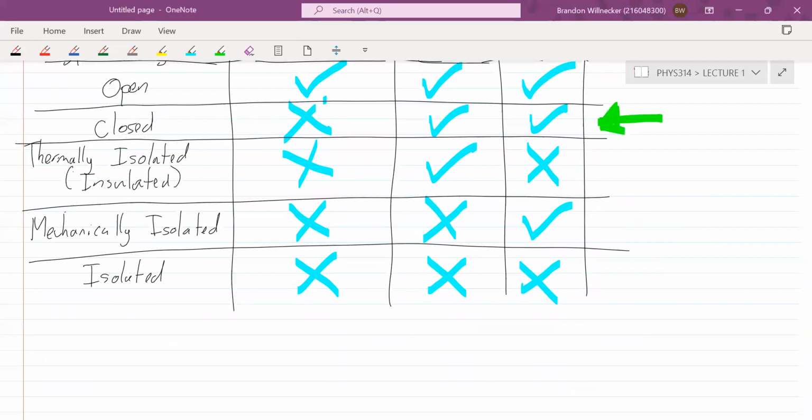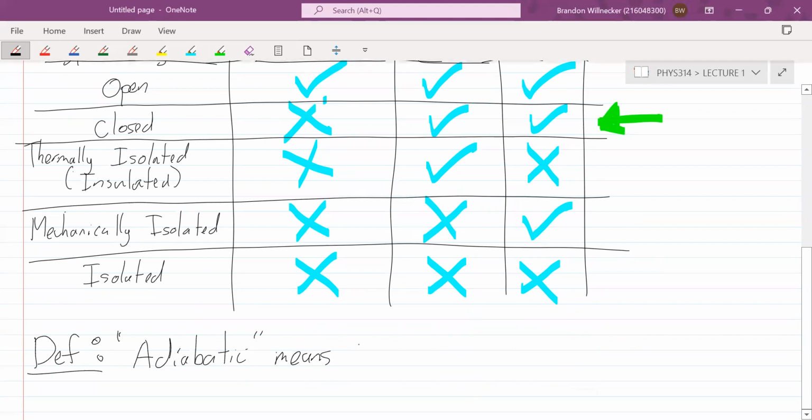Okay, so that's the classification, and then we have a little definition, and that is adiabatic. We need to add this to our list of terminology and vocabulary. So adiabatic means that there is no thermal interaction.